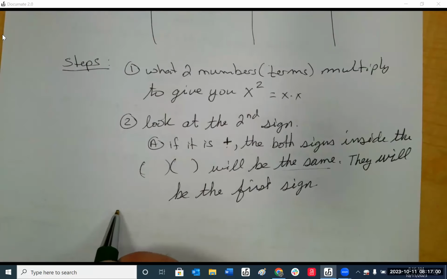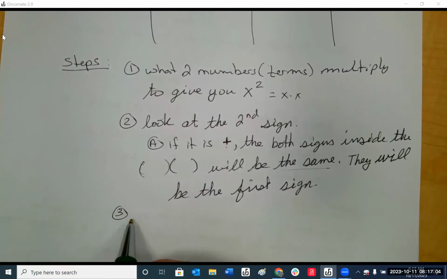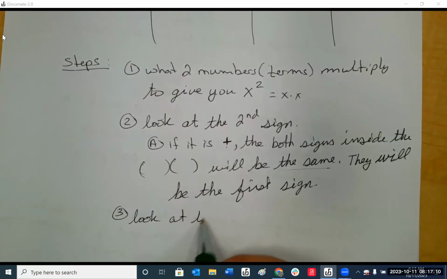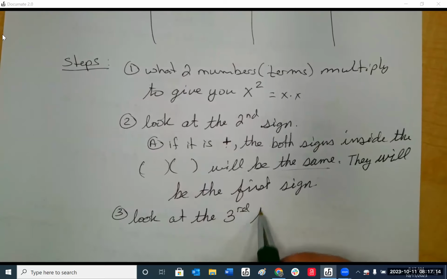Now comes the hard part. Look at the third term.